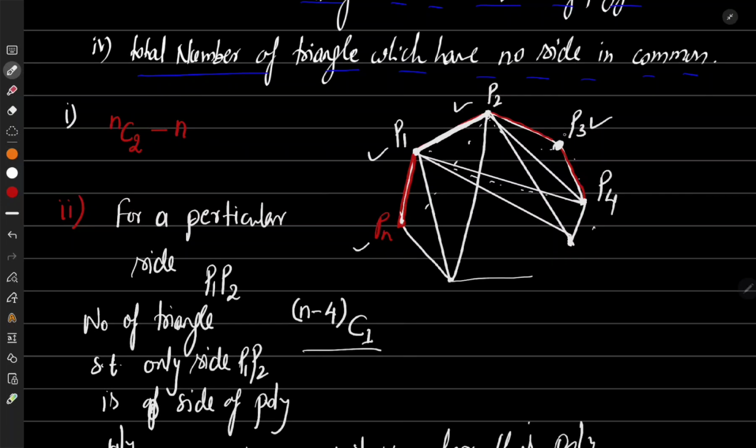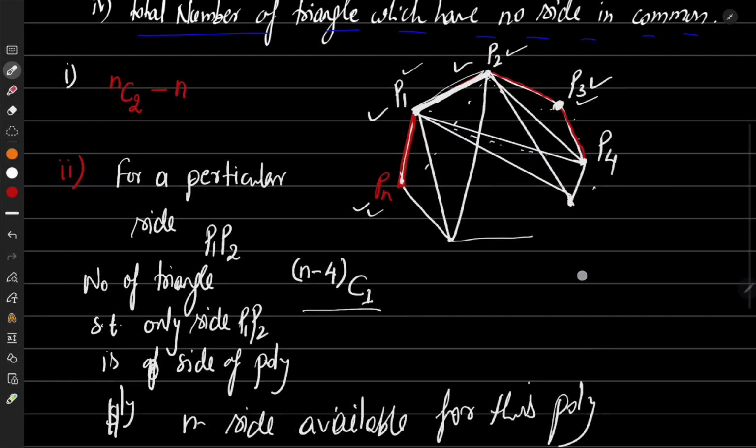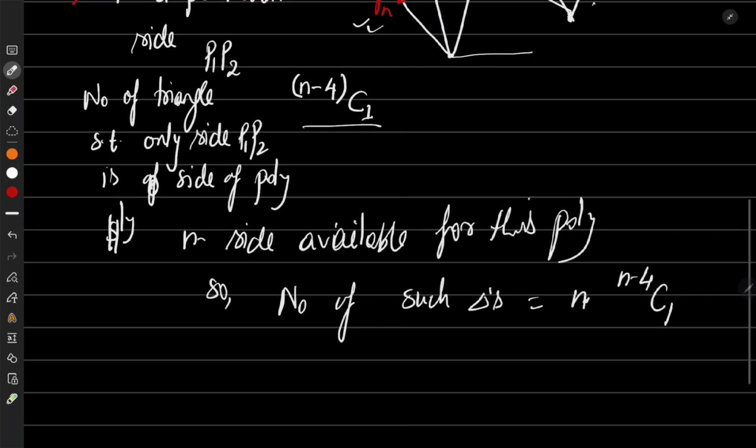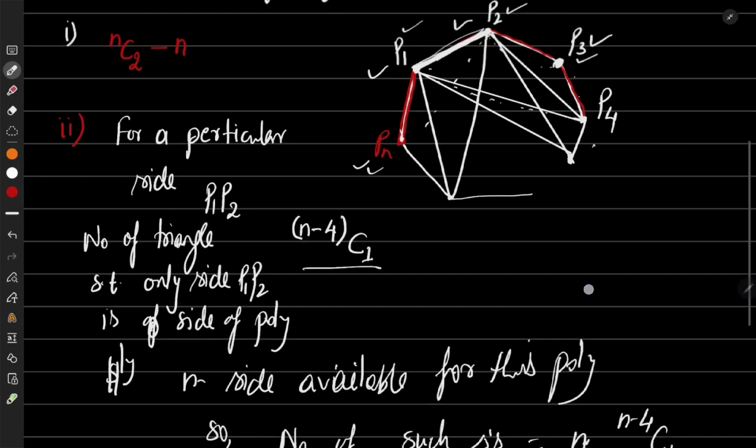Then you cannot join with P3, P2, P1 already gone, Pn means remaining all these 4 vertices you are going to join anywhere with these two vertices, then a triangle will be formed such that only the side P1, P2 is the side of the polygon. In such a way n sides are there, so n into these many triangles will be formed.